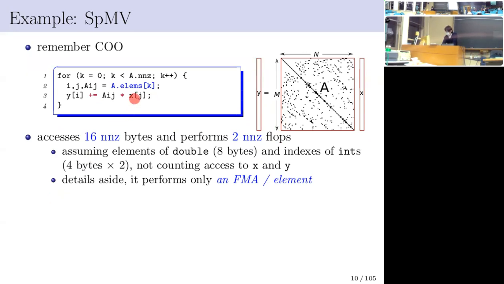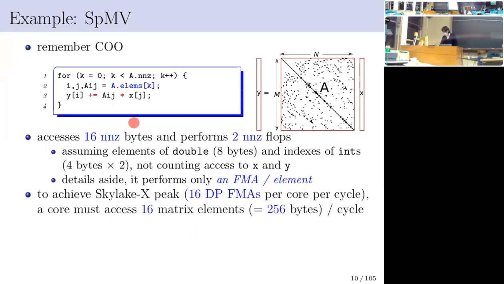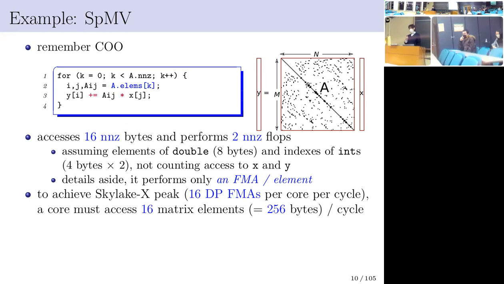So actually, you need to access xj and yi, but I am just ignoring the cost of accessing these, and only focusing on accessing A. So how is the performance of this computation limited?